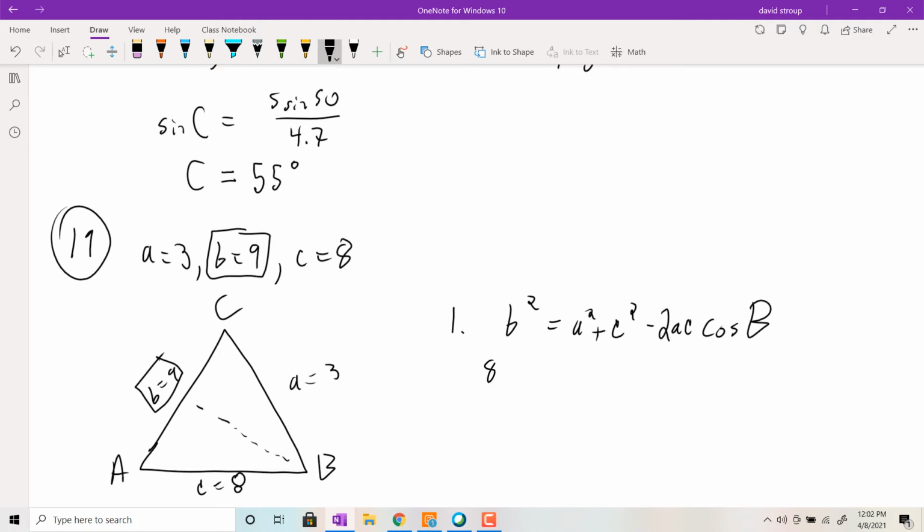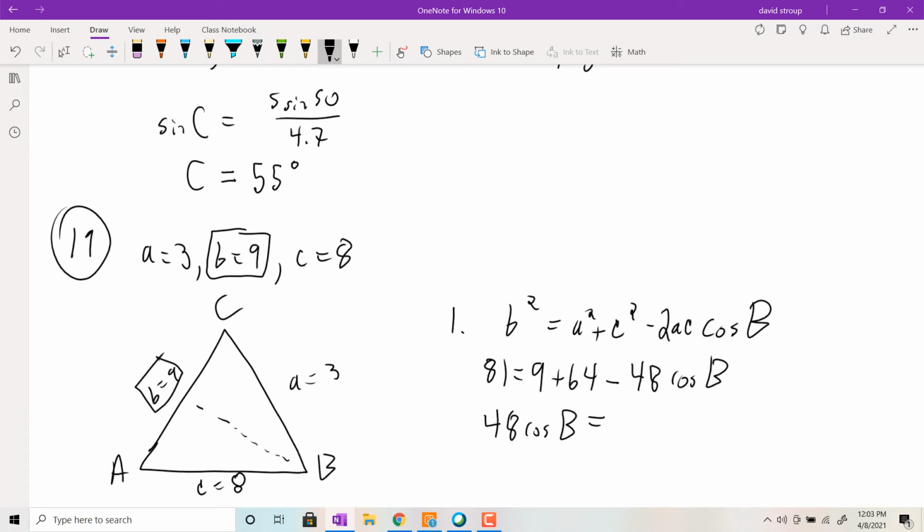B squared is 81, and then we have 9 plus 64 minus 3 times 8 times 2, so 24 times 2 is 48 cosine of B. I'm going to move the 48 cosine B to the other side, and then subtract the 81 to the other side. 9 plus 64 minus 81.